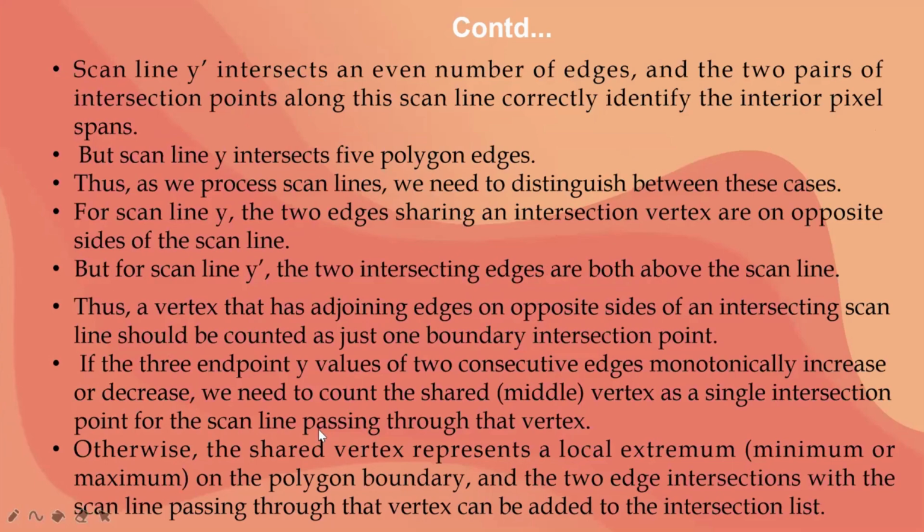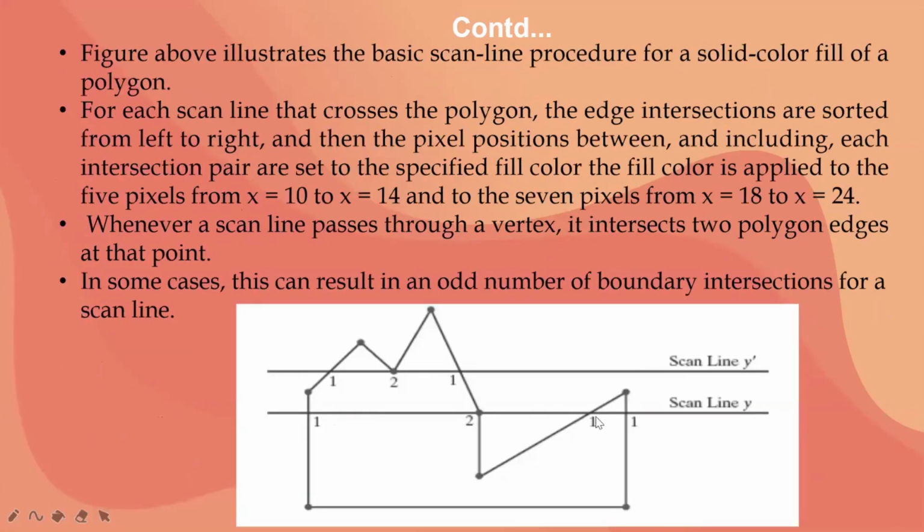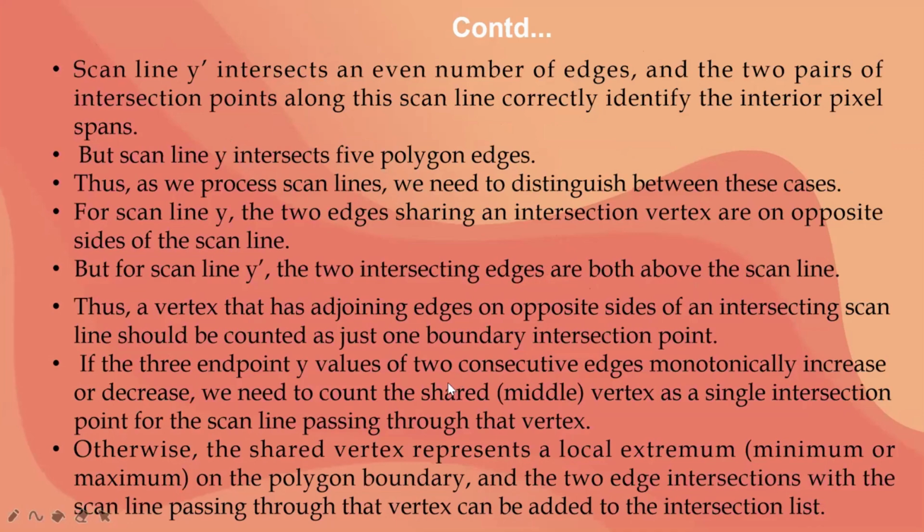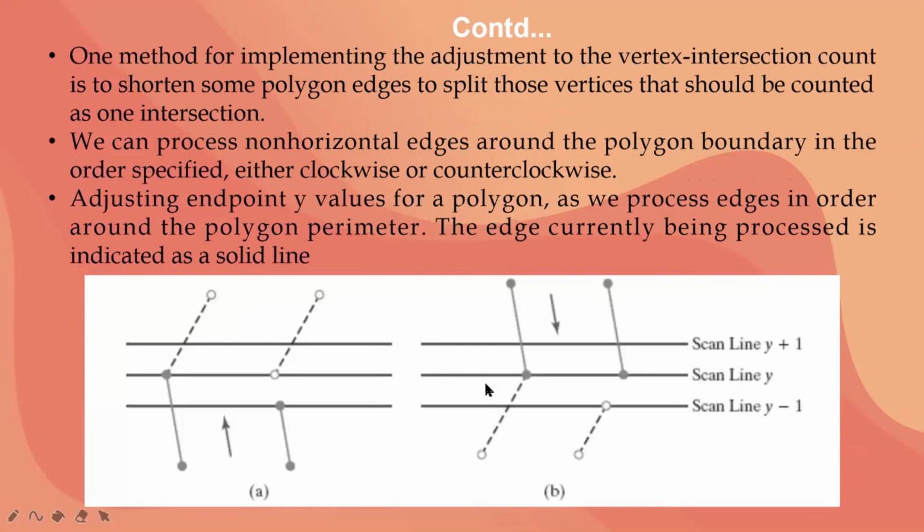You have to increase or decrease the count of your vertex whenever you have connections with the scan line as it passes through your polygon. Here, as it passes through your polygon, you have the edge vector connectivity, so you can write that also. This is how you find out how the scan line hits your edge vectors and your vertex points.